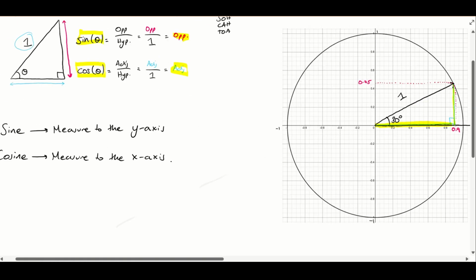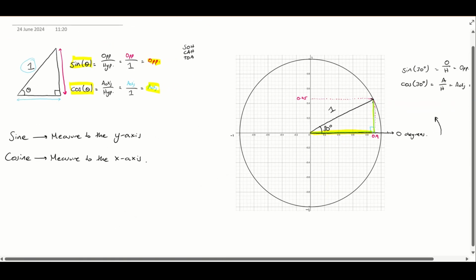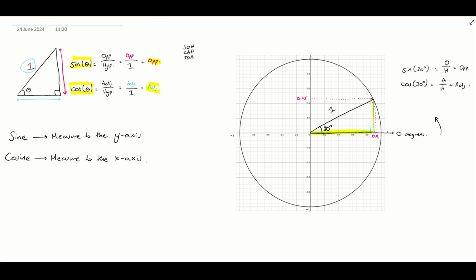Now it did get a little bit complicated, and you might have to watch that through once or twice to really get your head around where this comes from. But from here on in, I just want us to remember that for sine we measure to the y-axis, because it's equal to our opposite length. And for cosine we measure to the x-axis, because we're measuring the length of our adjacent side.